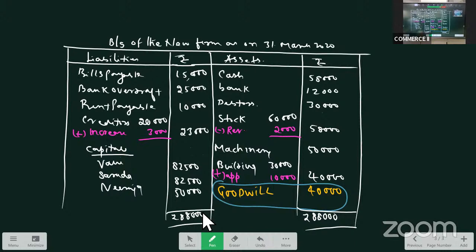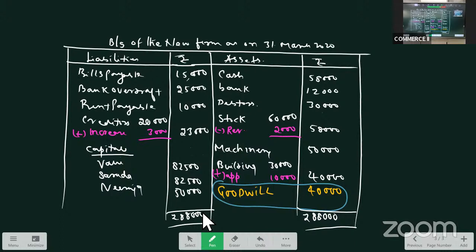We'll take question number 12. A and B are partners sharing profit and losses in the ratio 3:2, their balance sheet as on 31st March is given.